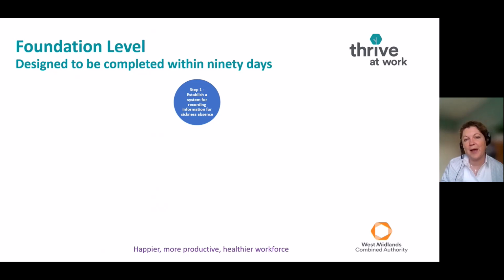So step 1 is about establishing a system for recording that sickness absence, and recording that sickness absence with reason for absence too. So this is where that 90 days of completion might hinder some people, because you might not have a consistent process in your organisation for people to record absence.